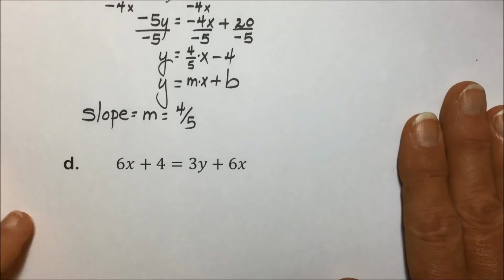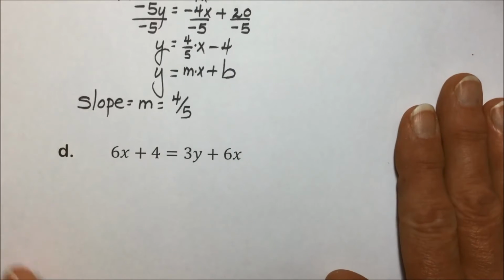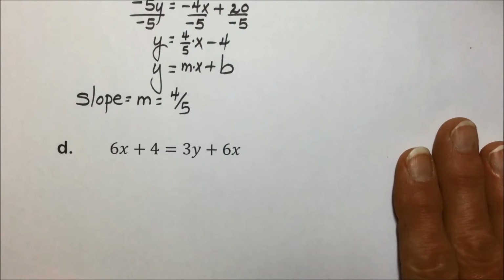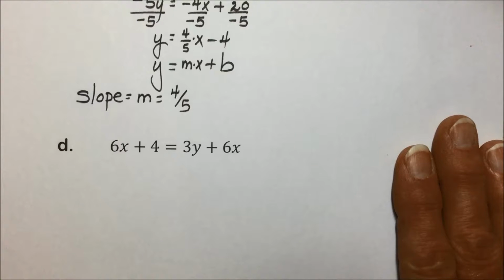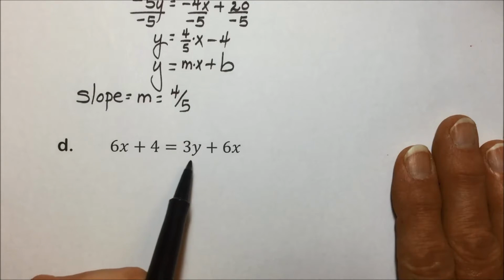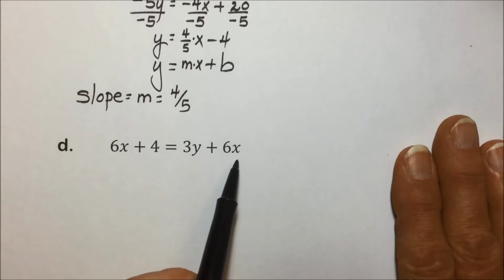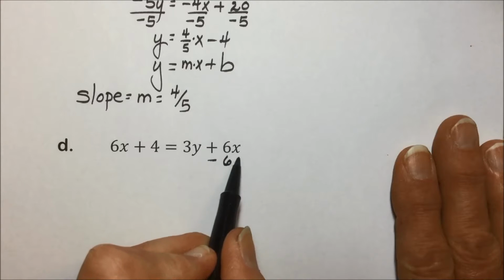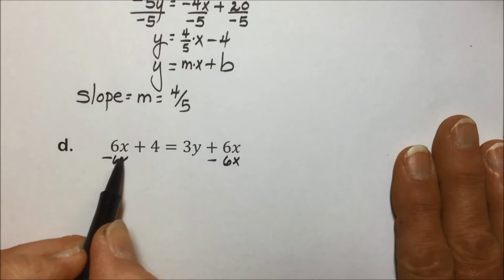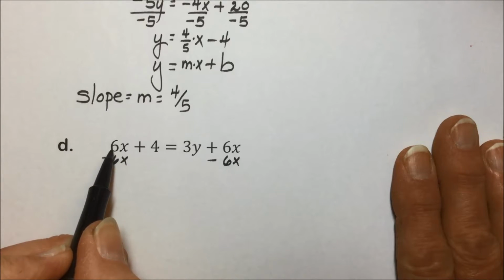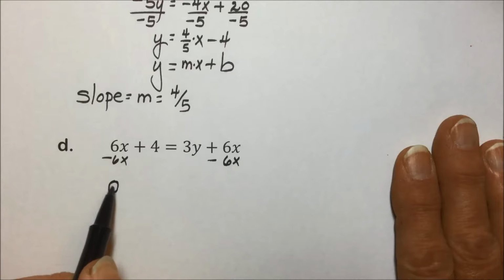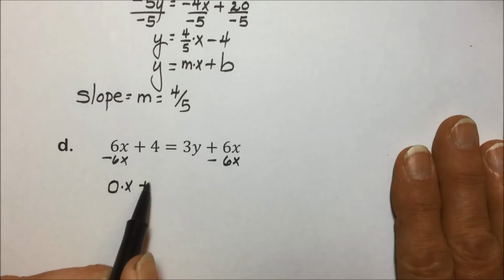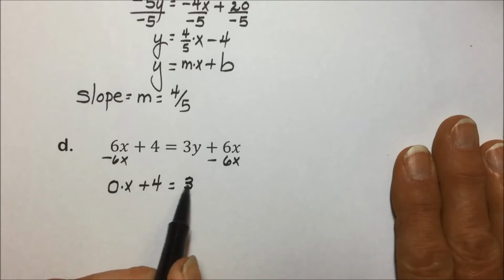In this next example, they're asking us to find the slope as well. And similar to the last problem, y is not by itself. And it's no problem having the y on the right. We need to get rid of the 6x, and when we subtract 6x from 6x, 6 minus 6 leaves 0x plus 4 is equal to 3y.